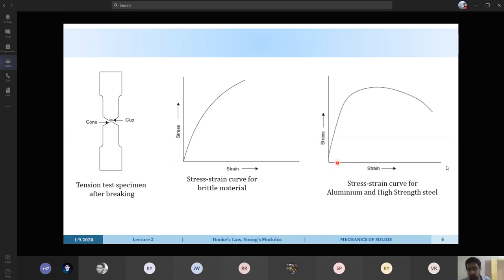Suppose this is the strain, we take 0.2% of the strain, and we draw a line parallel to the original line. This portion is almost a linear part, and from 0.2% of the strain, we draw a line parallel to the original line, and we find the stress here, and we assume that stress is the yield stress for aluminum and high strength steel. It's not for the brittle material, only for aluminum and high strength steel.